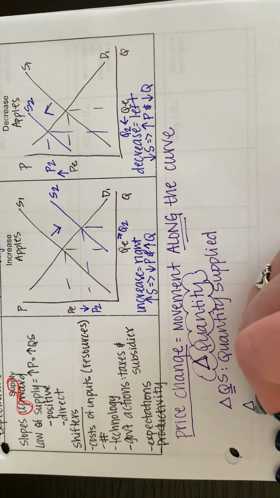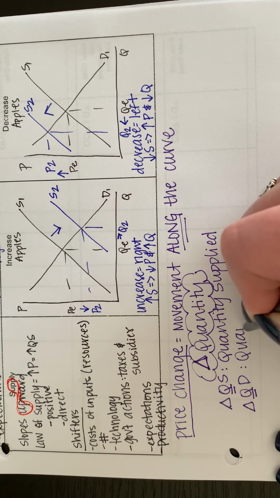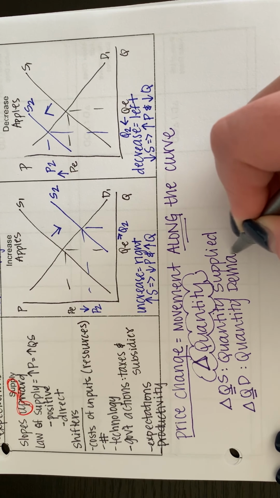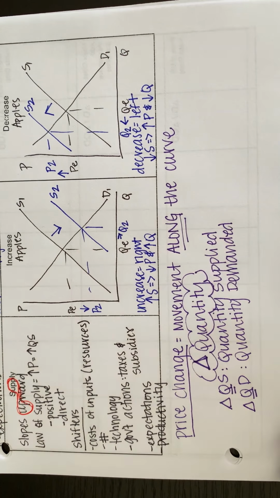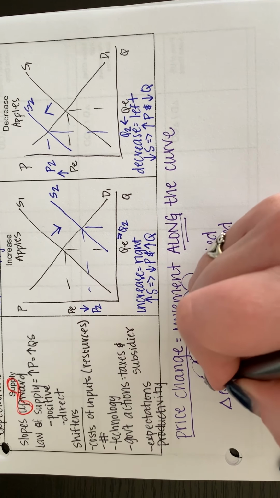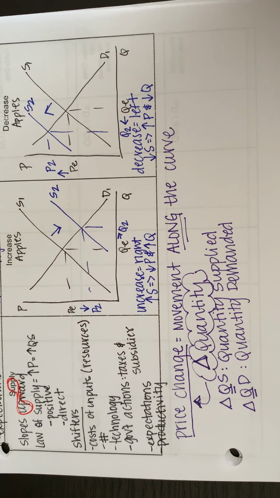Or we're talking about a change in QD, which is quantity demanded. So if we have a change in quantity, we are talking about a price change, meaning we're going to move along the curve.